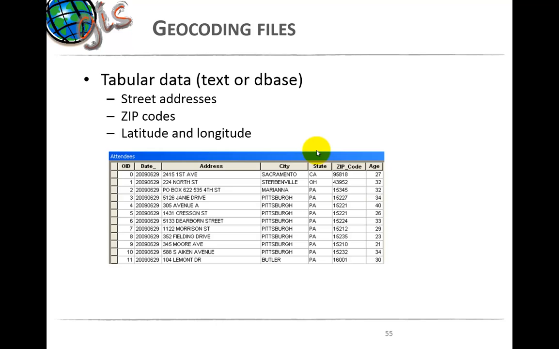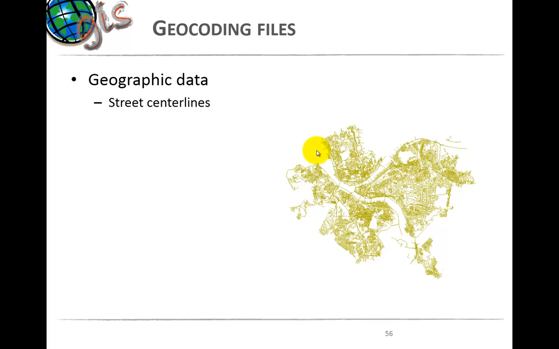Otherwise you have to clean it up to create these 4 fields to have higher accuracy when you geocode. And you can also have X and Y's or latitudes and longitudes. That could be pretty easy to geocode because we can just use the XY event procedure to geocode those kinds of data.